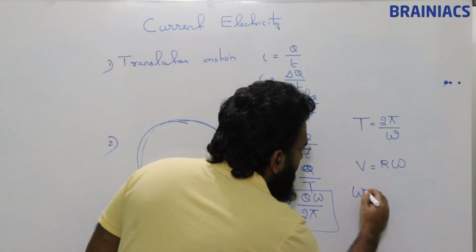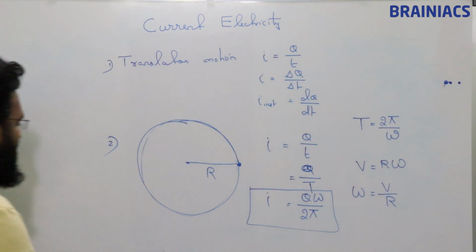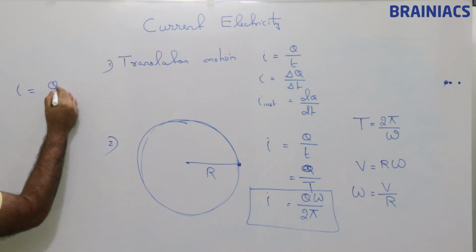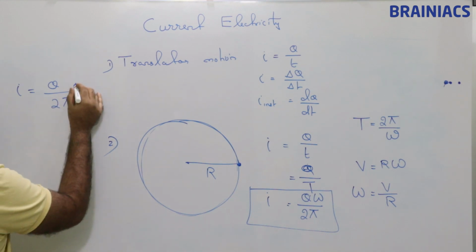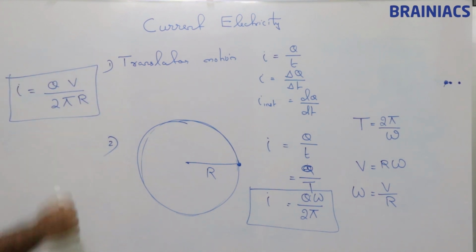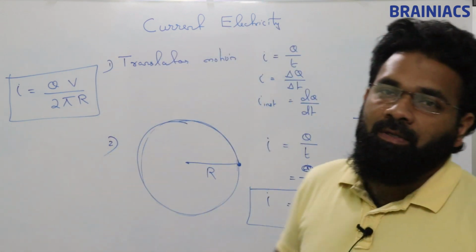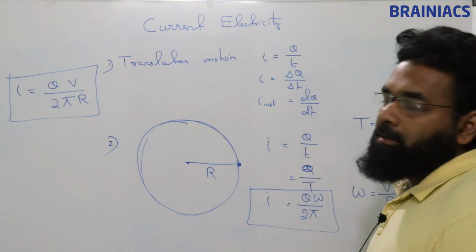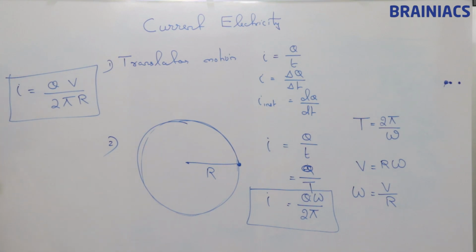So omega is equal to V by R. Substituting that again, we get I is equal to Q by 2 pi, and in place of omega we can put V by R. This is another formula for finding current if a charge is making circular motion along a circle. So I is equal to Q into V by 2 pi R.